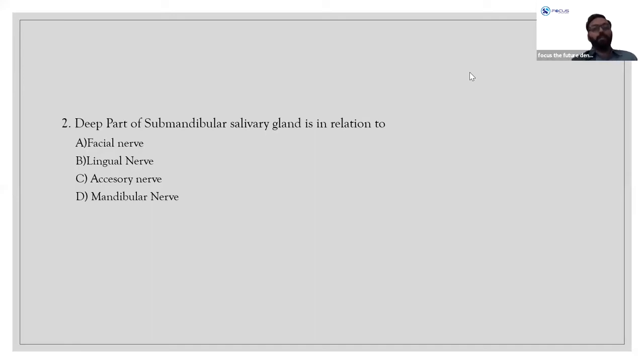Now here, what they have asked is the deep part of the submandibular salivary gland and its relationship. Let's see each option. Facial nerve is in the superficial part, it is outside. Then lingual nerve: is it in relationship to the deep part?